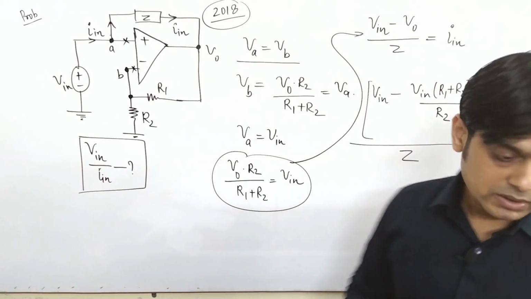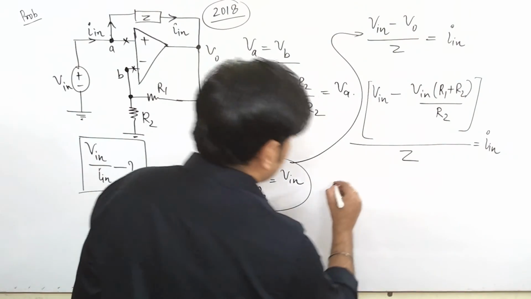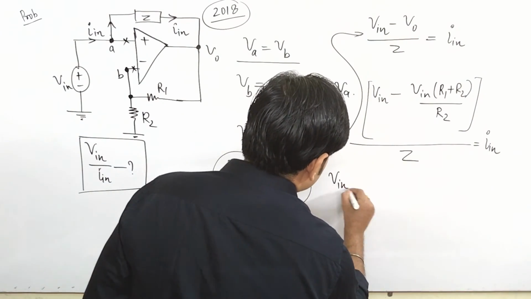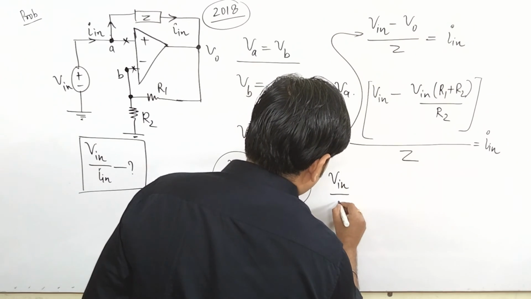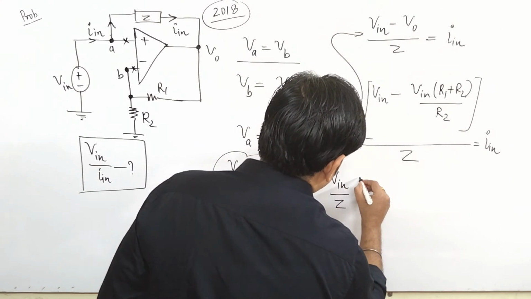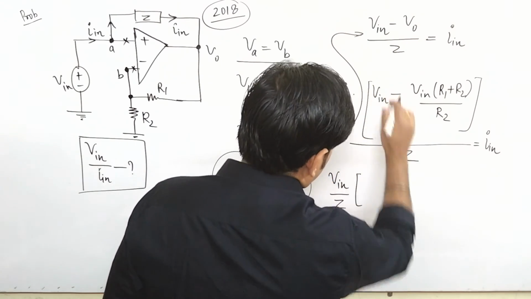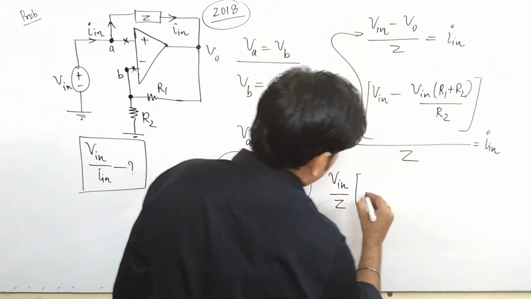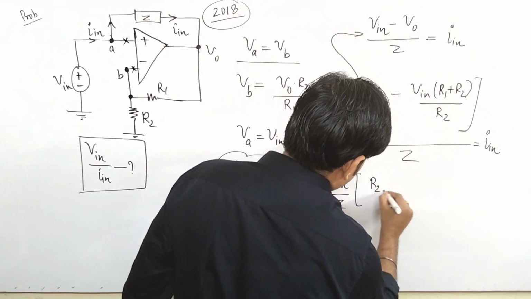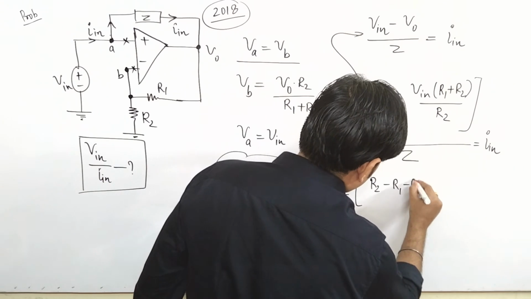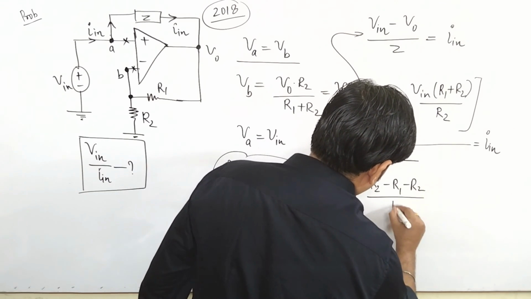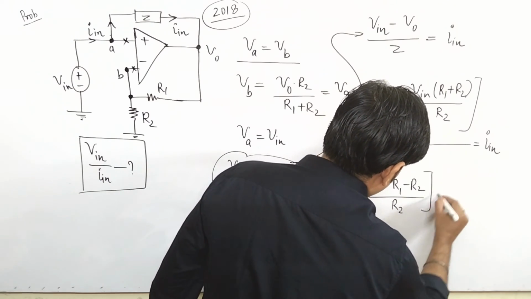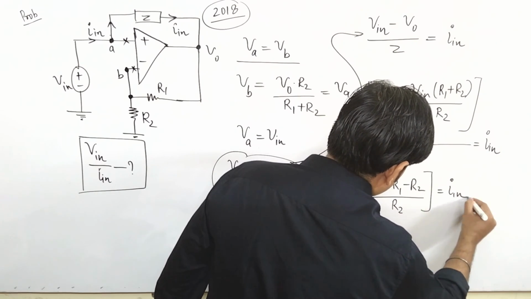Okay, that is equal to what? Here I in. Take V in as common, so V in upon Z into this you find, so that comes to be how much? It is R2 minus R1 minus R2 upon R2, which is equal to I in.